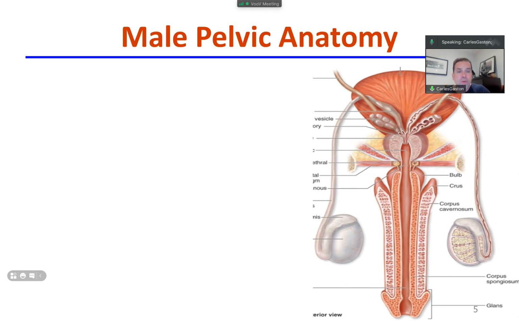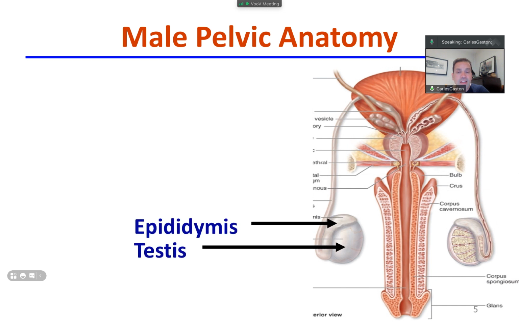If we look at another view, what we can see is the testes. The testes are important because not only do they produce the sperm, which is important in fertilizing the egg, but they also produce hormones that virilize the fetus, and basically this hormone is testosterone.